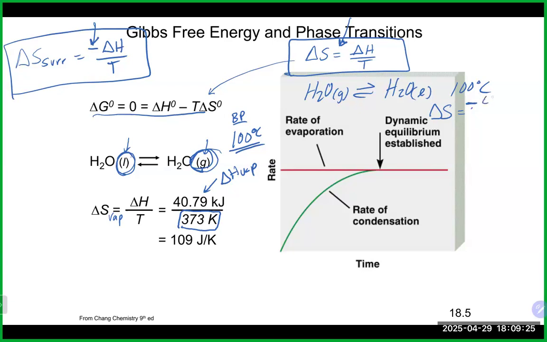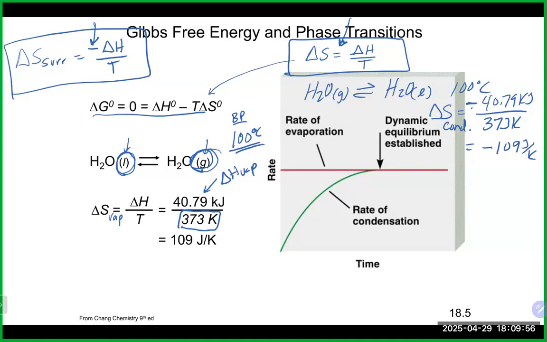That's negative 40.79 kilojoules divided by still our 373 Kelvin, going to give us a negative 109 joules per Kelvin. That's the delta S of condensation. That also makes sense as we're going from gas molecules back to liquid molecules, from a more disordered system to a more ordered system in the liquid state.